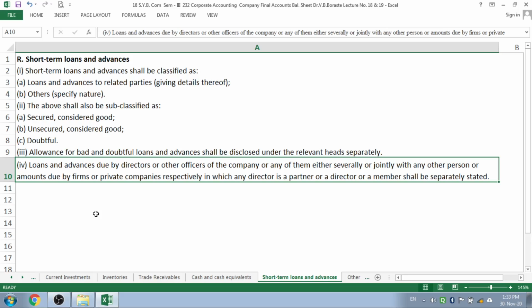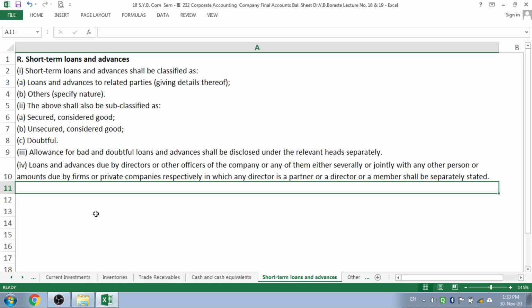Then loans and advances due by the directors or other officers of the company, or any of them either severally or jointly with any other person, or amounts due by the firms or private companies respectively, in which any director is a partner or a director or a member shall be separately stated.